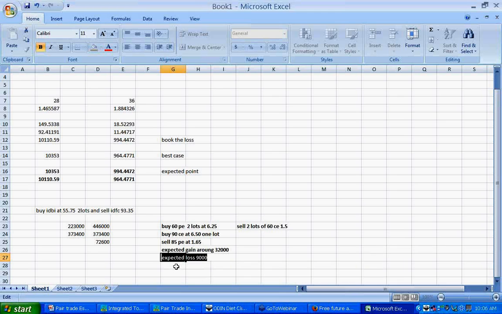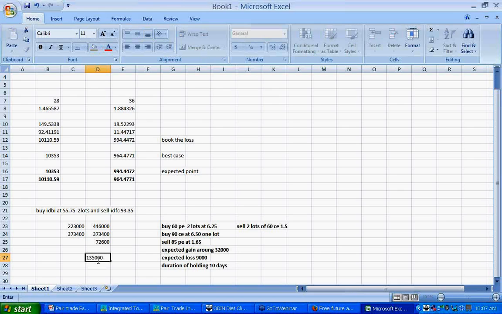duration of holding 10 days. And since it is 8 lakhs, with the hedging, I think the margin will be around 1 lakh 35,000 required for this trade.